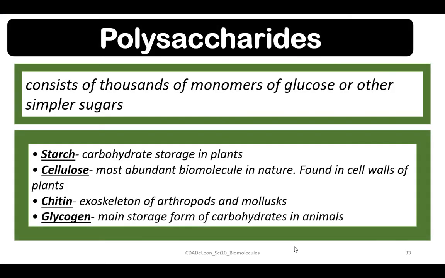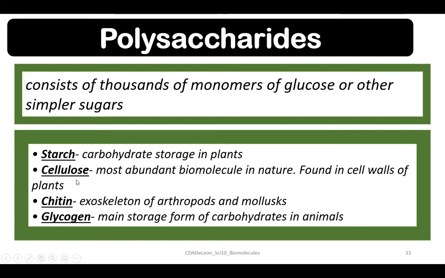Now let's discuss polysaccharides. When you say polysaccharides, it consists of thousands of monomers of glucose or other simpler sugars. An example of polysaccharides is starch. Starch is a carbohydrate storage in plants.